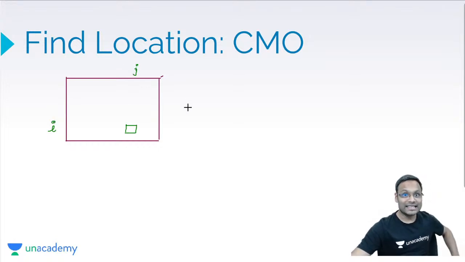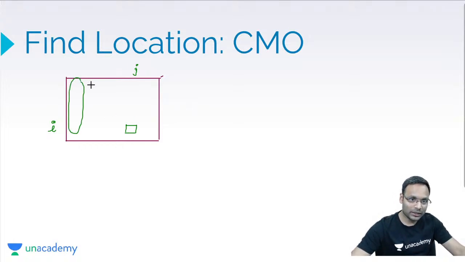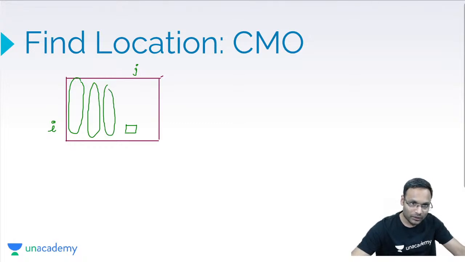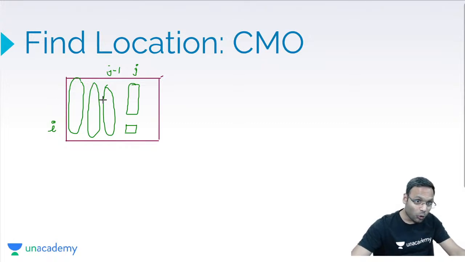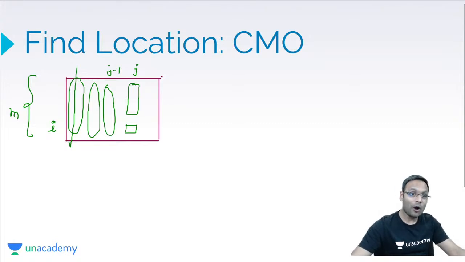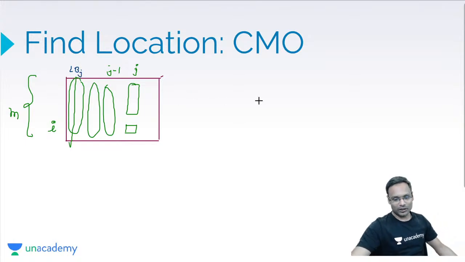But this time I'll have to go column by column. First of all, store this complete column, then this column, then this column, up to j minus 1 column. After that, in this column, the remaining elements you will have to store. So first of all, you need to store all these columns, and each column will have m number of elements. How many such columns? The number of such columns depends on the lower bound of j to j minus 1.